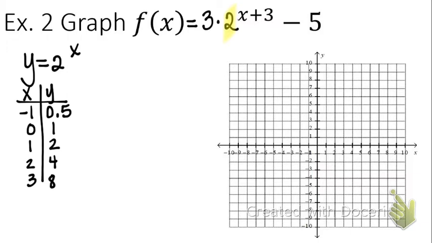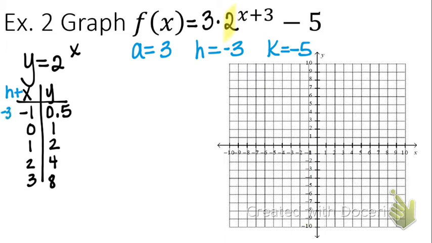So what's going to change is our transformations. We have our a value, our h, and our k. What's the a value in this question? A is 3. What about h? -3. And what about k? -5. All right, so now you're ready to do your transformations, which is h plus x.